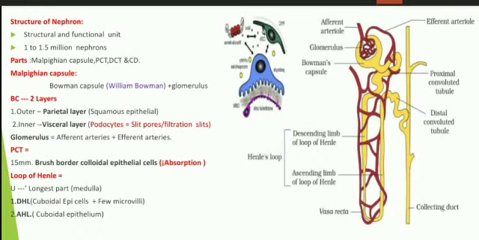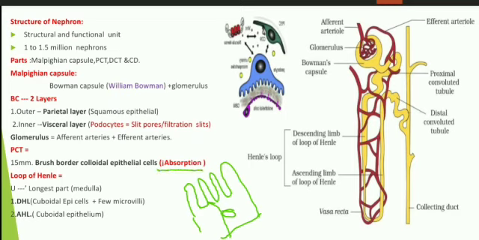These are not cilia; these are microvilli or brush border epithelial cells, and they increase surface area. As a result, there is more absorption. In the kidney, 95 to 98 percent of all absorption mainly takes place in the PCT because of this property.